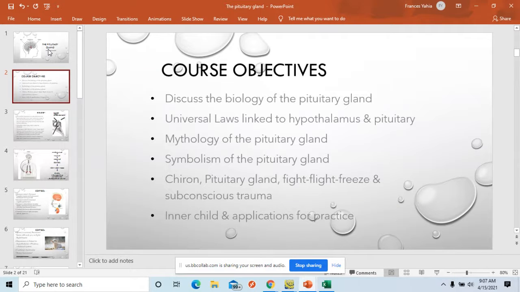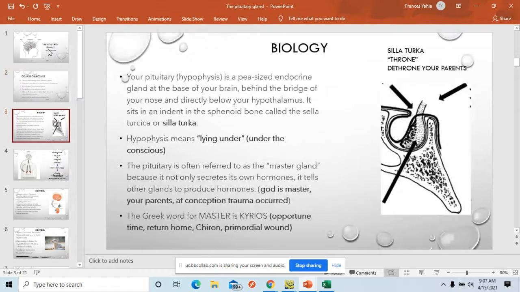Some mythology around the pituitary gland, some symbology. Then I'm going to link it to Chiron, your fight, flight, and freeze response, and of course subconscious trauma that started at the moment of conception all the way to 0 to 7 when you got your story. And then some inner child concepts, and of course applications for practice.